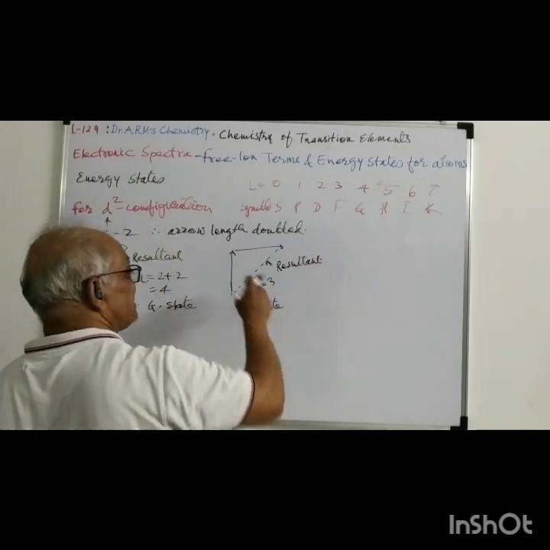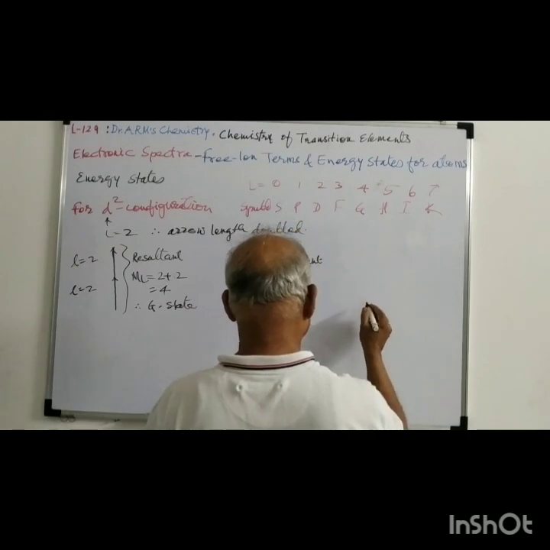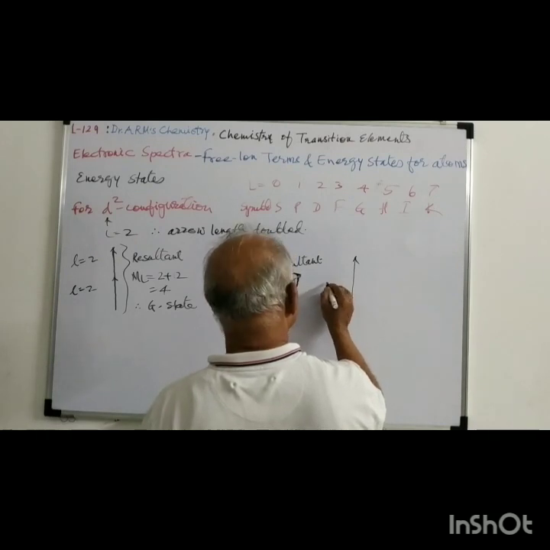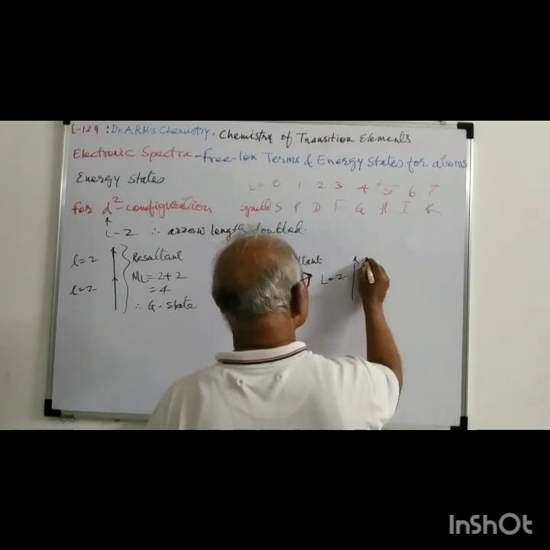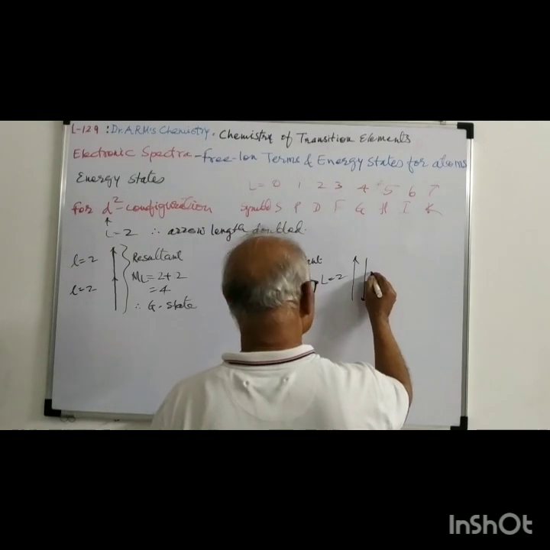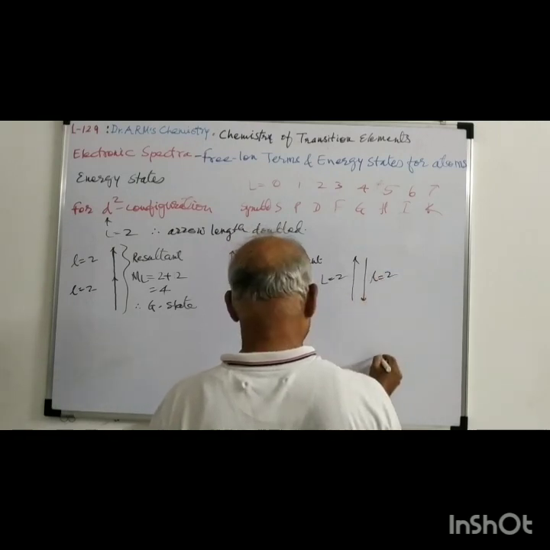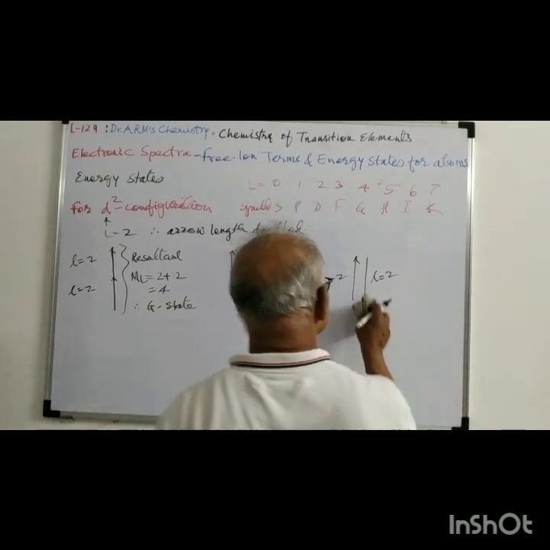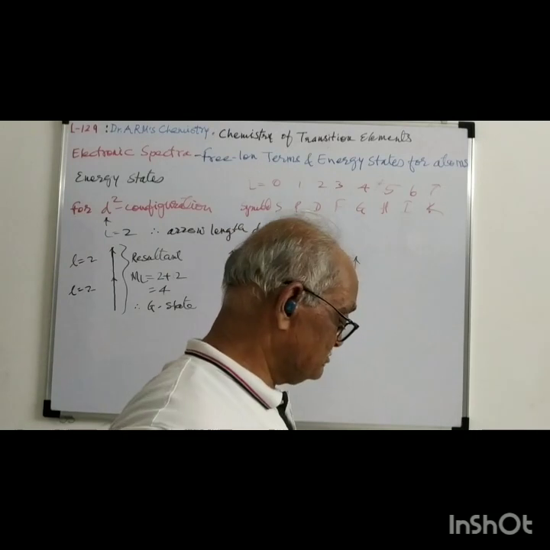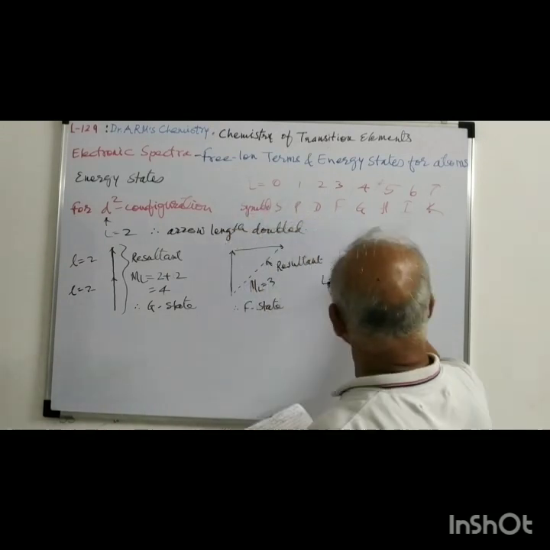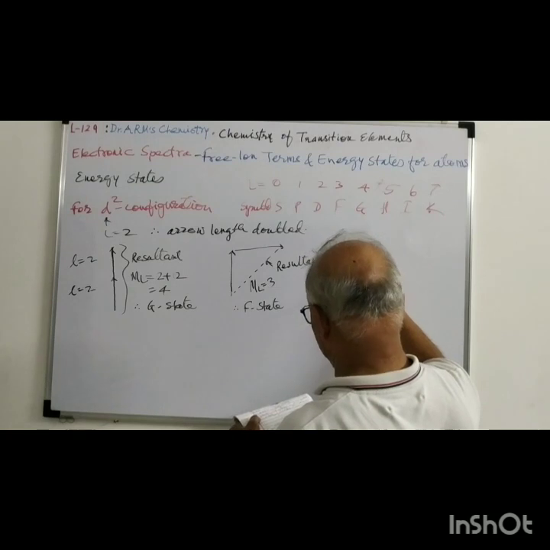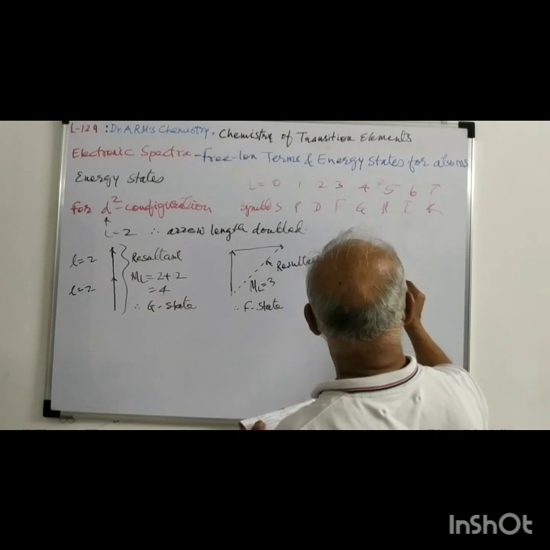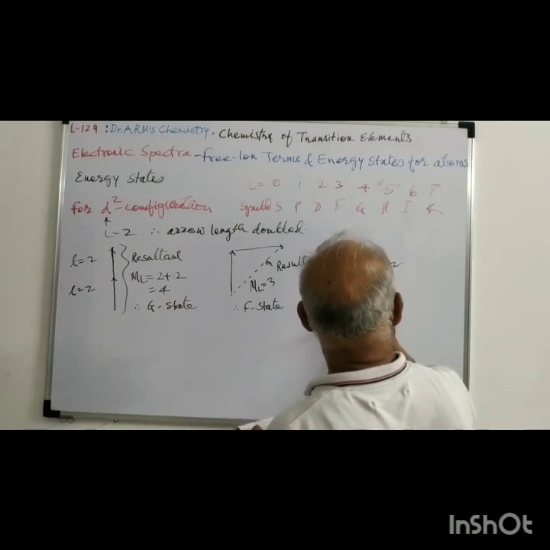Then if the direction of this arrow is reversed completely, you will find that this L is equal to 2 and this L is equal to 2, and therefore the resultant, as the arrow is again reduced here, L is equal to 2.